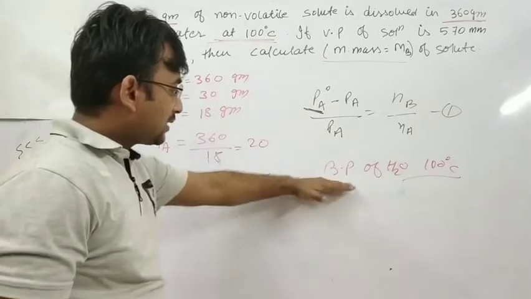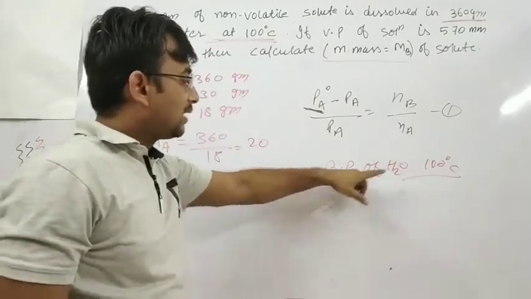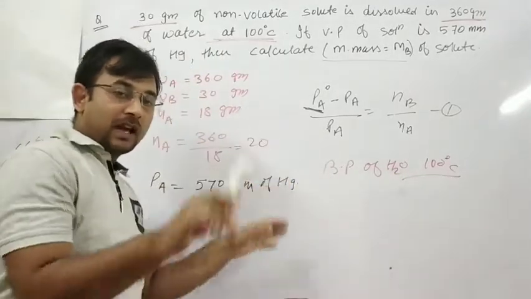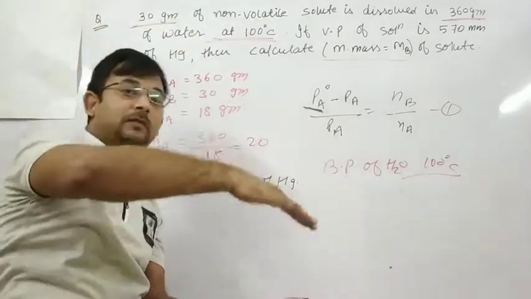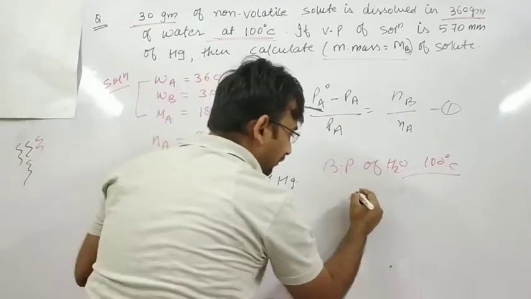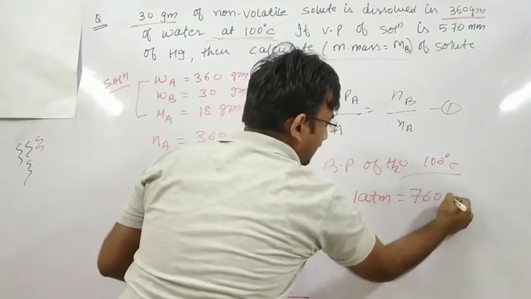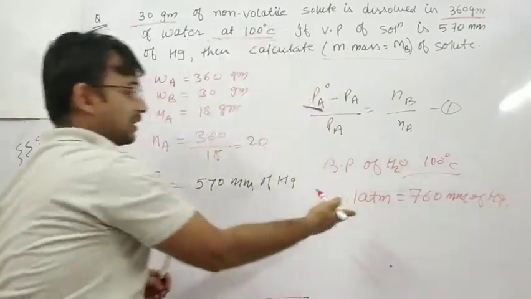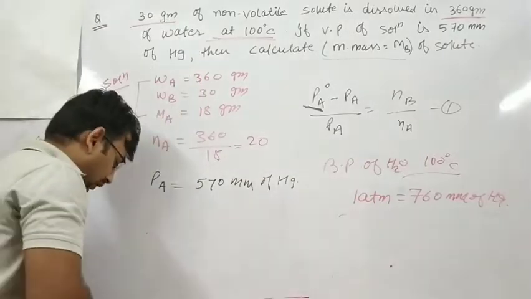So in this case, when we have water at 100 degrees Celsius, the vapor pressure exerted by the pure form will be equal to the external pressure, that is atmospheric pressure, equal to 1 atm, or we can say 760 mm of Hg. This point is hidden in this question. Once you can identify this, there is nothing more. This question is now solved.